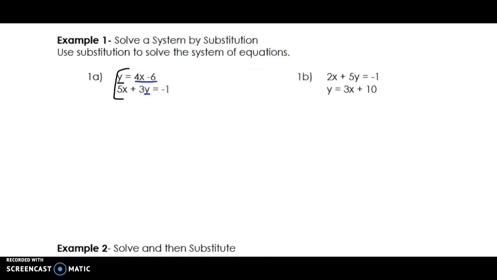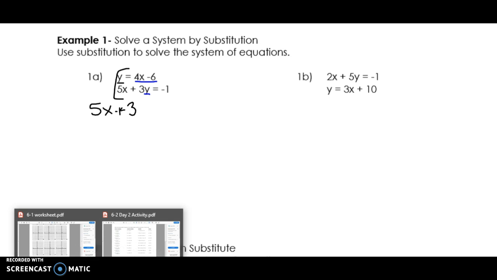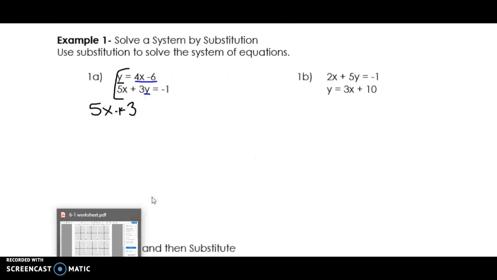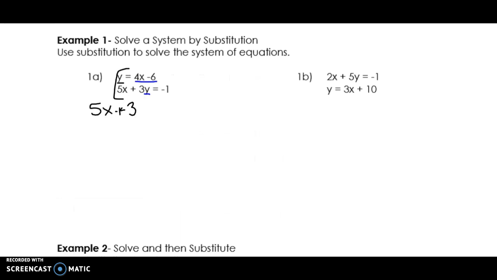So if I copy down this second equation, I have 5x plus 3.